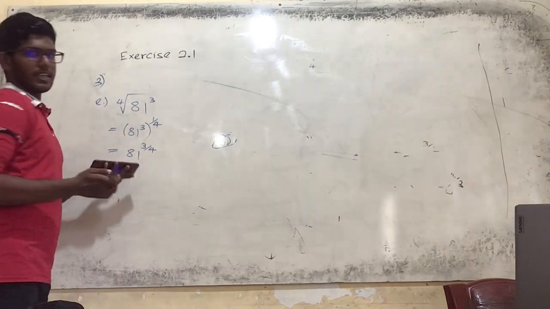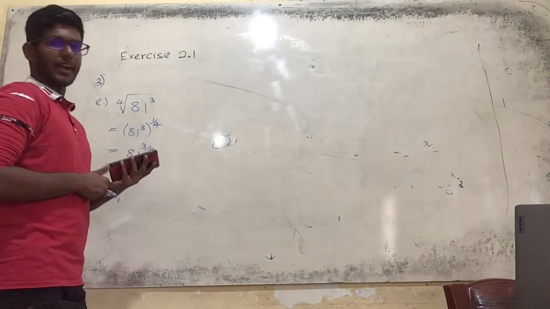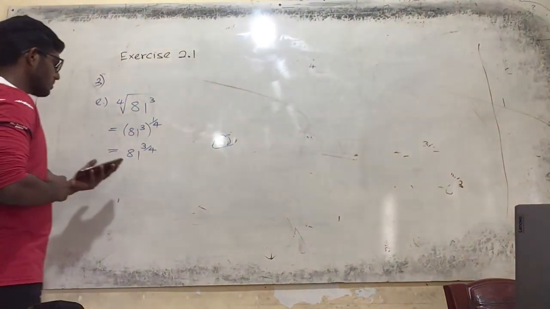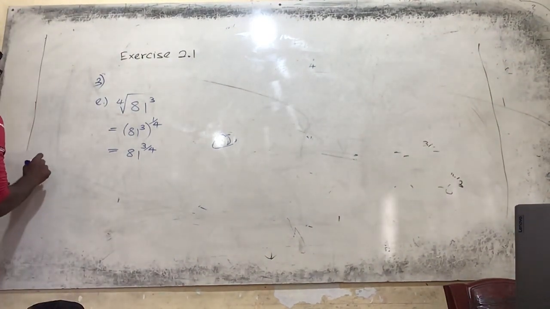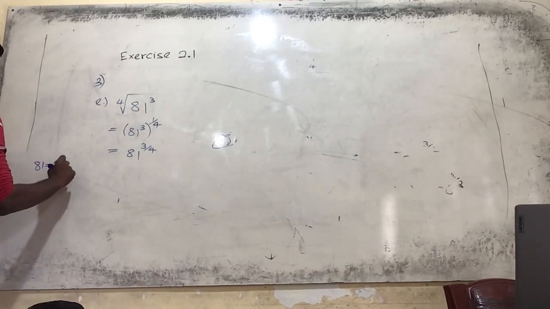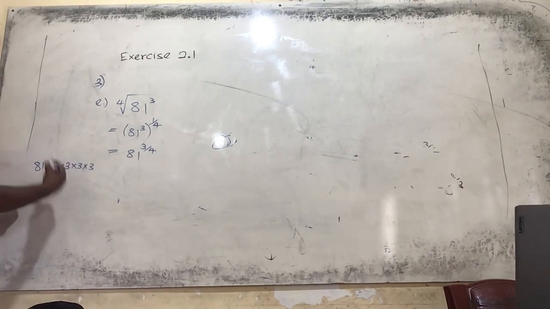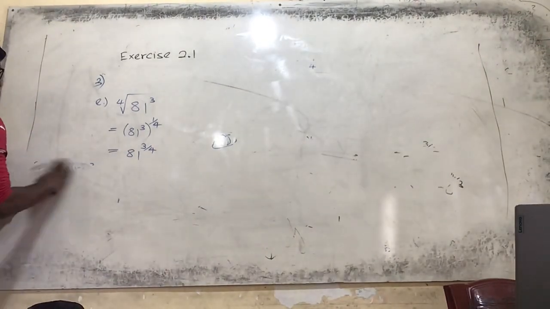If you start from here, then there is no simplification. They are asking to find the value. So what you need to do is this. You know 81. What is the value of 81? 81 equals 3 times 3 times 3 times 3, that is 3 to the power 4.